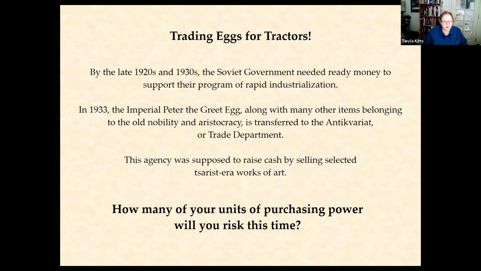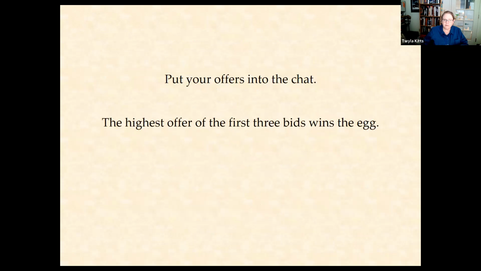So now you have another opportunity. How many of your units of purchasing power will you risk this time? So the highest offer of the first 3 bids wins this egg.